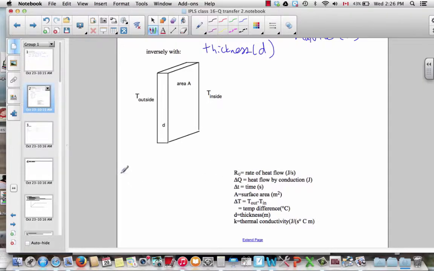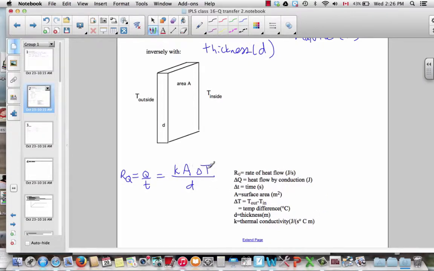It says that the rate of thermal energy transfer, which is the amount of thermal energy transfer per unit time, varies directly with, as we just discussed, the material's conductivity, the area of the slab, the temperature difference across, and inversely with the thickness. And these are all the units.